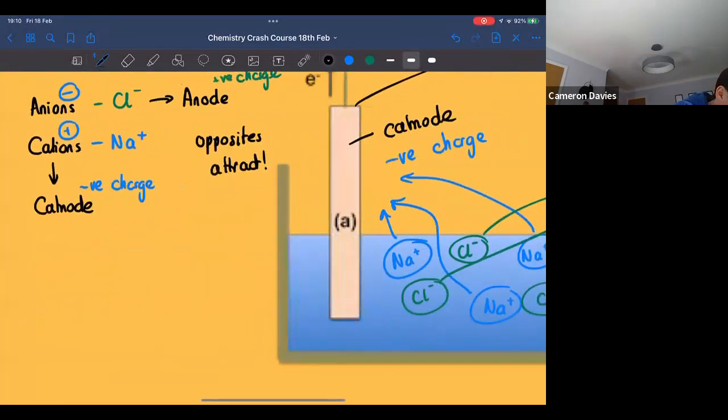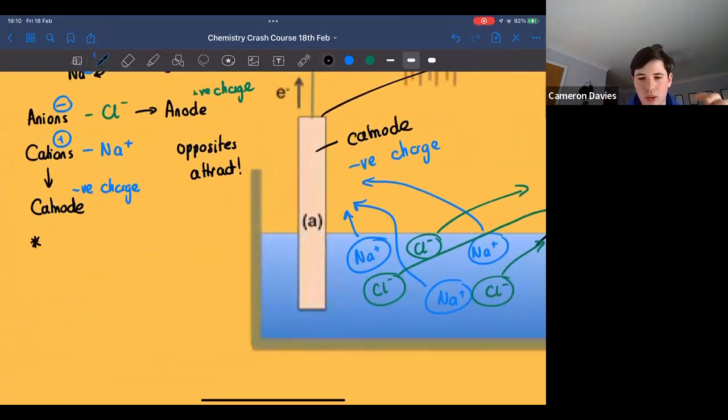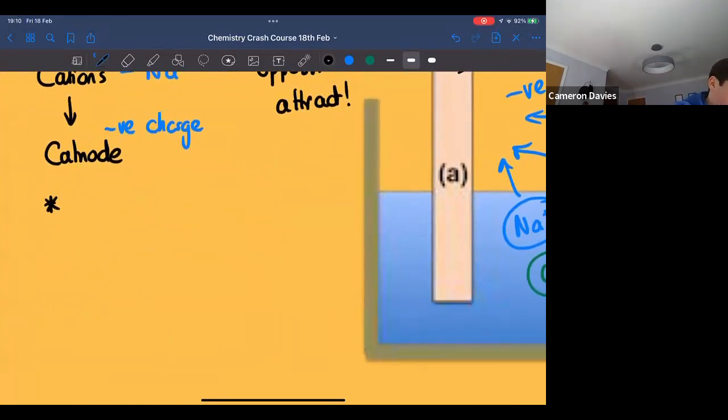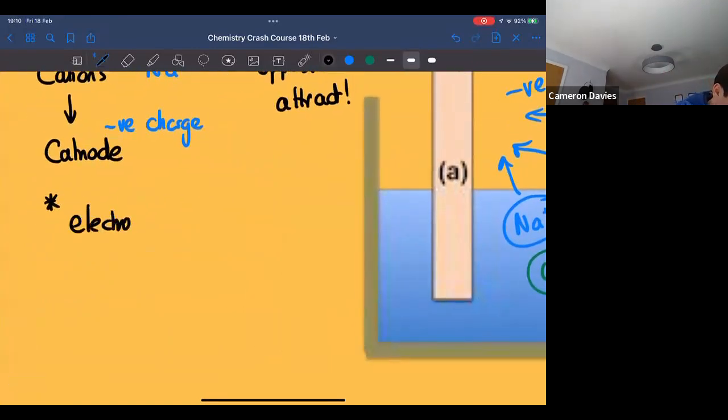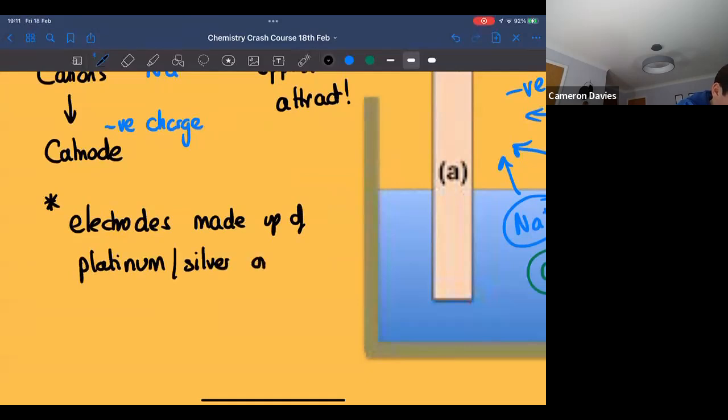Oh, actually, there's one more thing I wanted to mention. When I was talking about electrodes, I said that they were metal. Now, obviously, an issue you might have seen is that we don't want the metal electrodes reacting. So they are usually made of platinum or another unreactive metal, so platinum or silver, or any other unreactive metal.